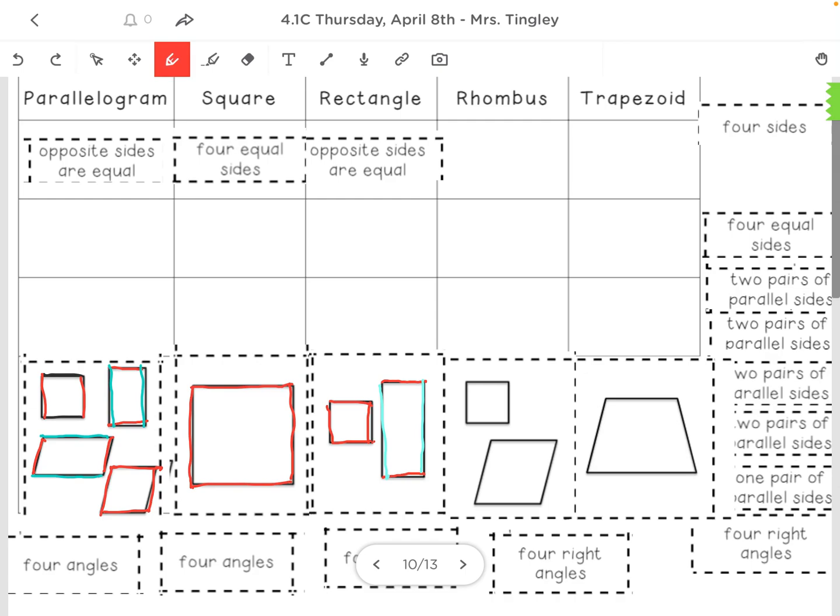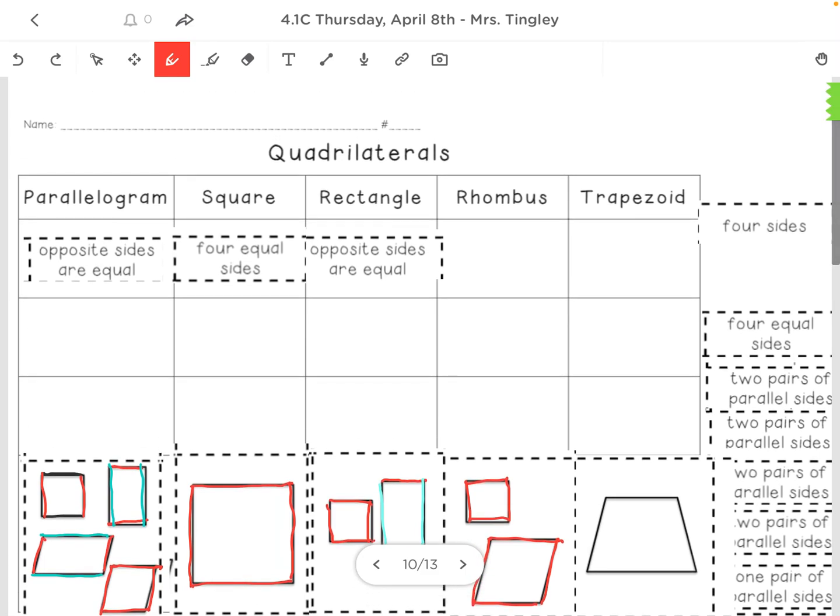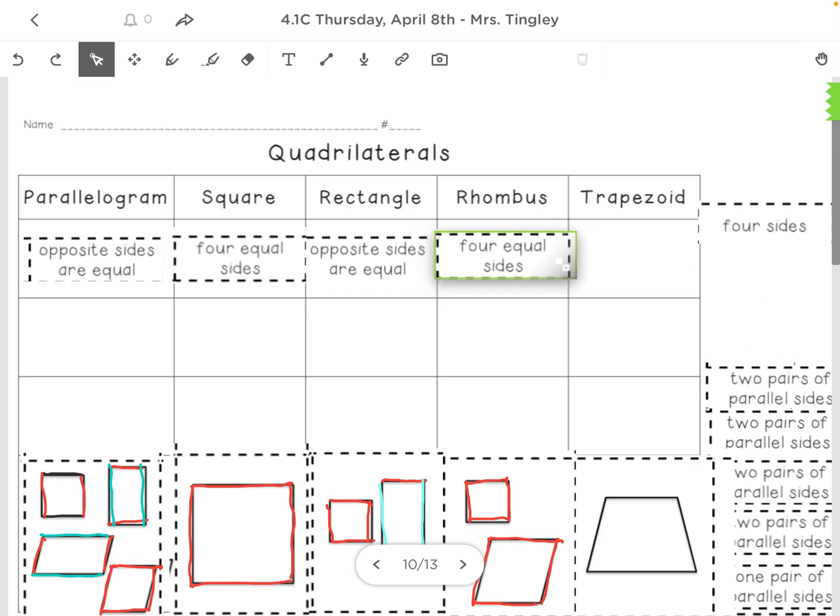A rhombus is a type of square. All of the sides are the same length. So the four sides are equal.